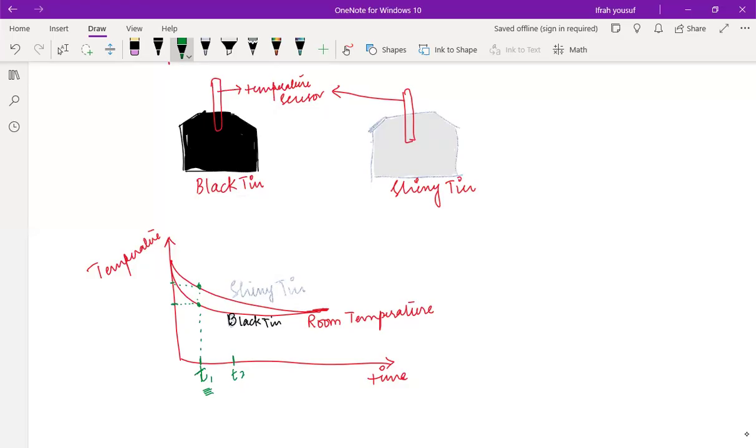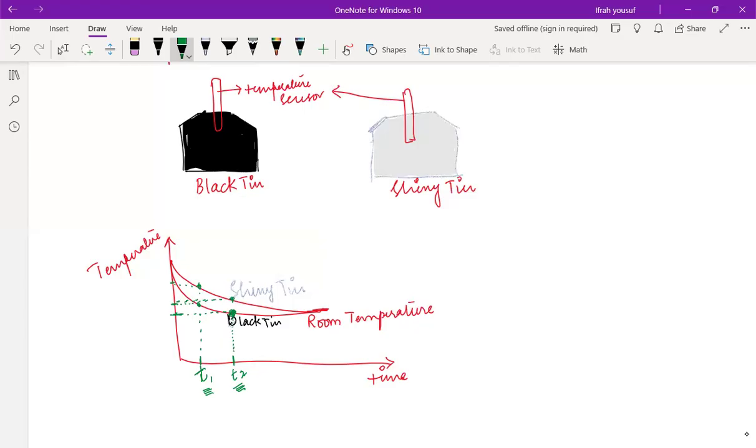Okay, because it is emitting quickly and the temperature falls quickly, right? Or when we talk about at T2, again we can see that still there is a difference. और अगर हम T2 सेकंड पे भी देखते हैं, अगर कोई टाइम है हमारा T2, at this same time, if we compare the temperatures again, तो we can see कि यहाँ पर भी टेम्परेचर ब्लैक टिन का जो है वो कम है और शाइनी टिन का भी ज्यादा है थोड़ा सा.